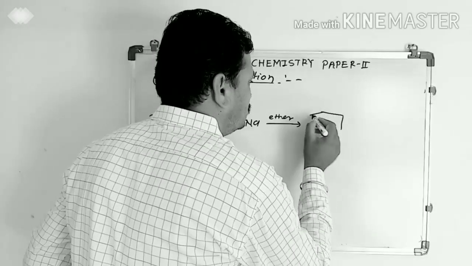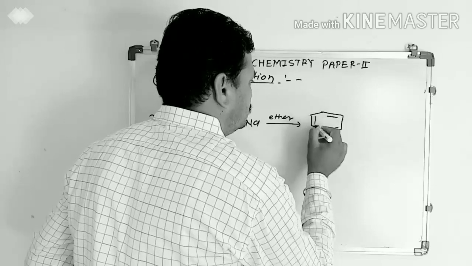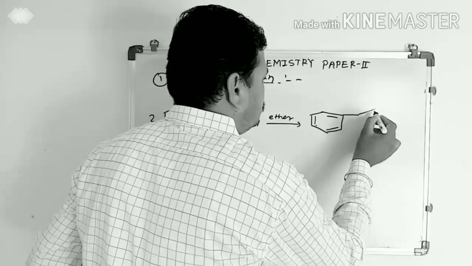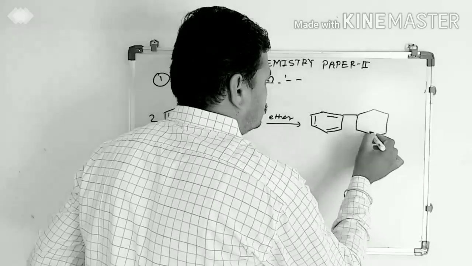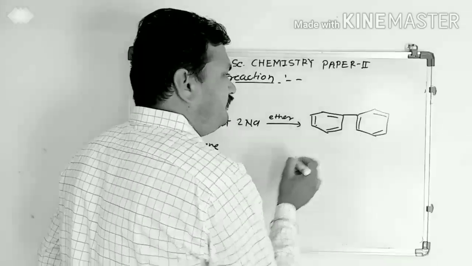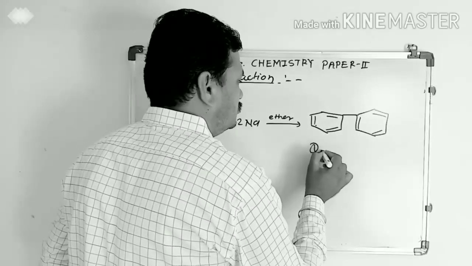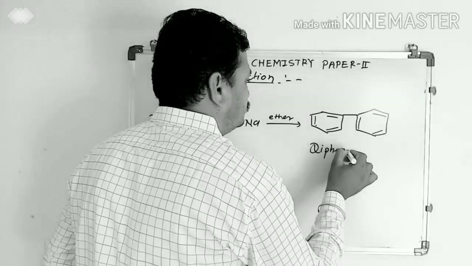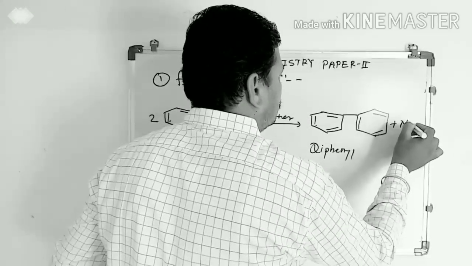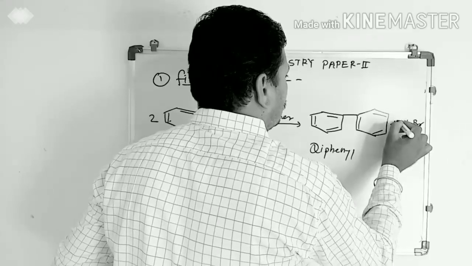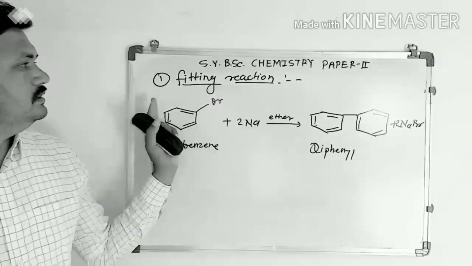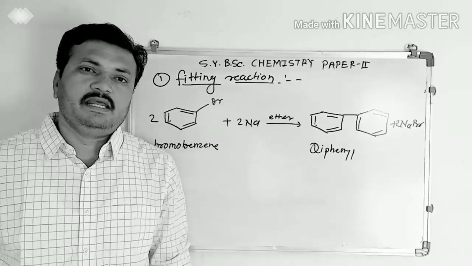It is like this. Diphenyl compound plus NaBr, 2 moles of NaBr. This reaction is known as Fittig reaction.